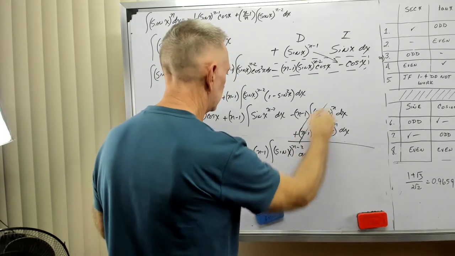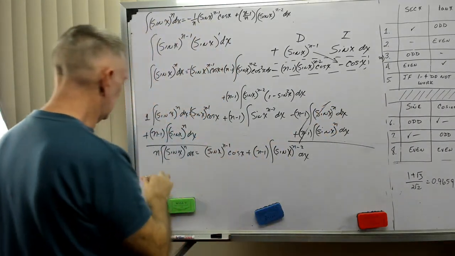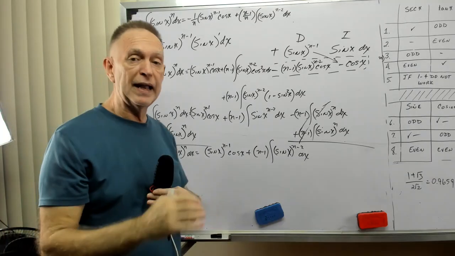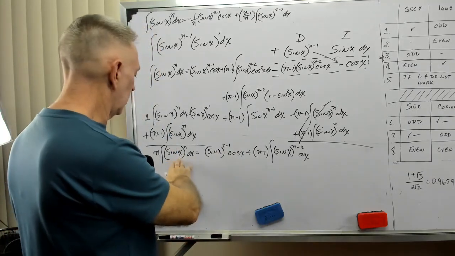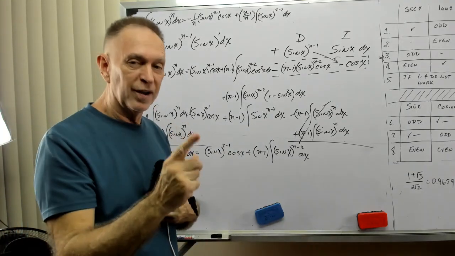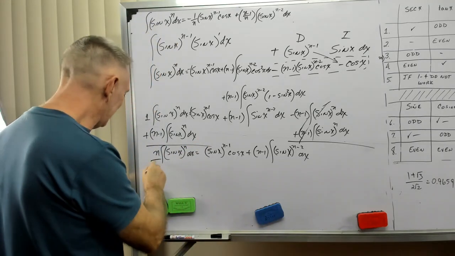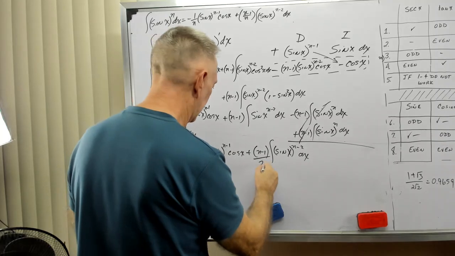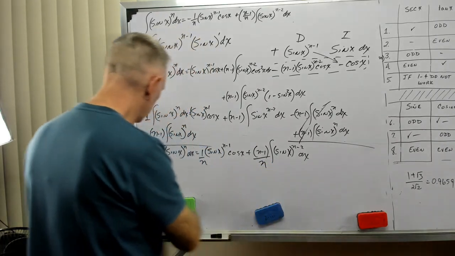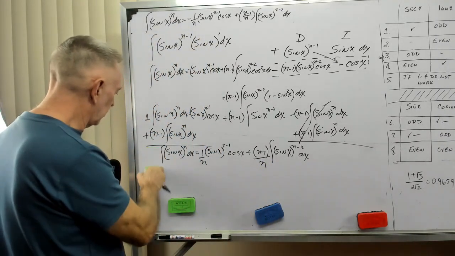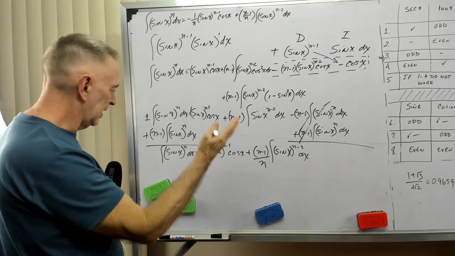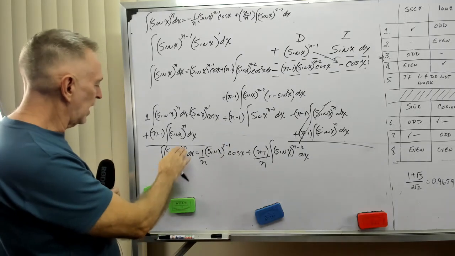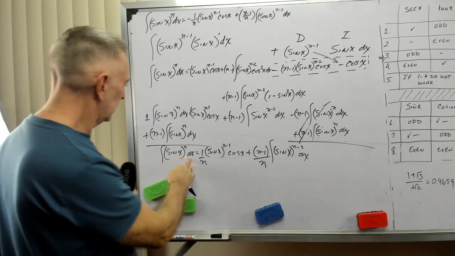The rest of this is gone. Now then, I don't want to know what n of these are. I want to know what one of them is. So I need to divide by n, or multiply by 1 over n. So n over n, this becomes 1. So voila.